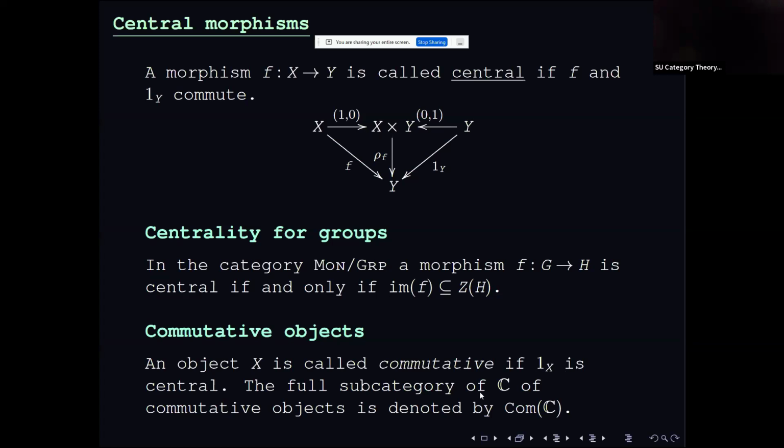We can talk about the full subcategory of commutative objects and give it this symbol here. So two subgroups commute in the categorical sense if and only if they commute in the group theoretic sense. A morphism is central if and only if its image is a central subgroup in the group theoretic sense. And an object is commutative if and only if it is an abelian group in the group theoretic sense.